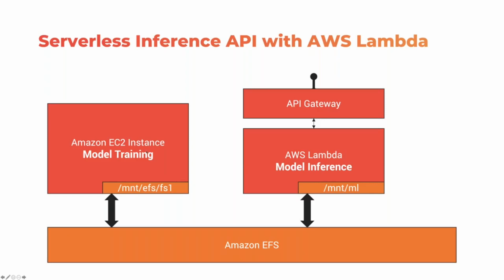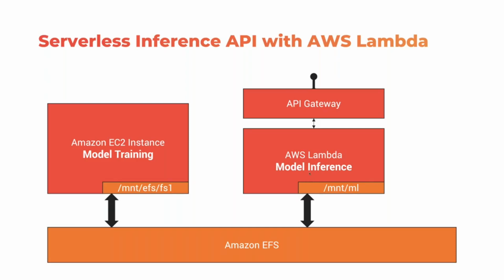For example, every time the accuracy drops and we somehow detect the model getting drifted and becoming inaccurate, we can kick off the training process on EC2 or a cluster of machines running EKS or a SageMaker training environment, and then dump the most recent model again to EFS, which gets picked up by AWS Lambda. So it becomes a seamless ML ops pipeline to train and move the model to inference.